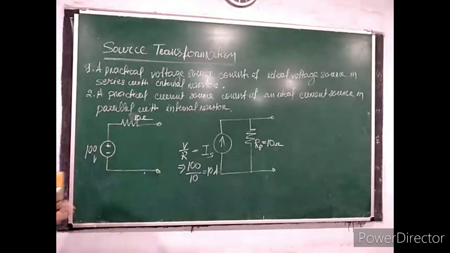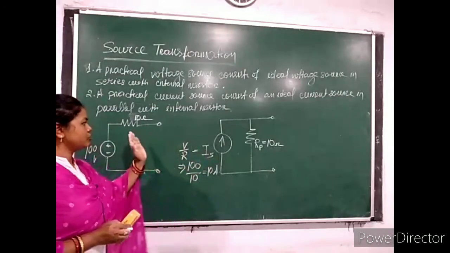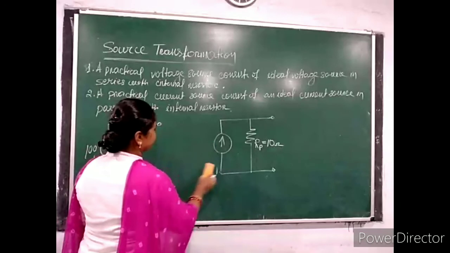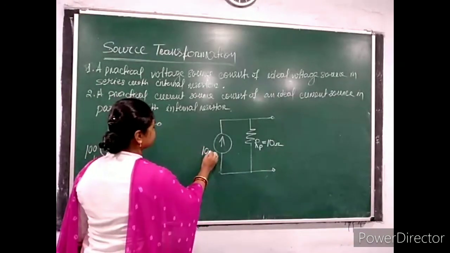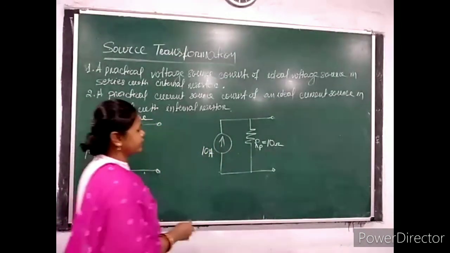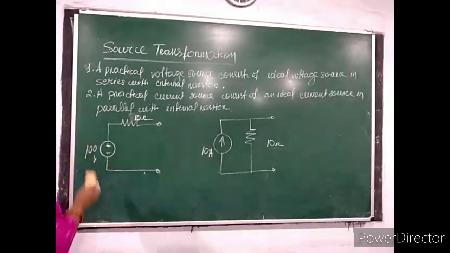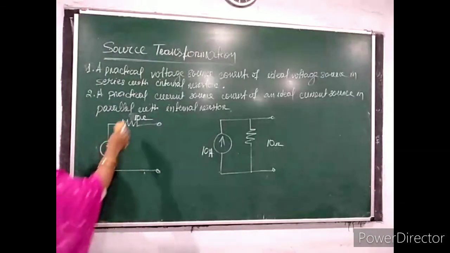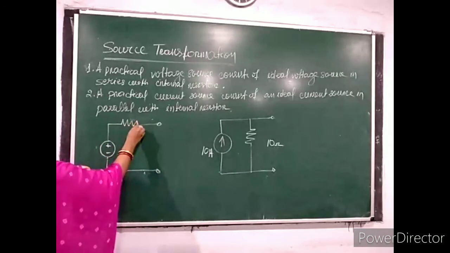Suppose the question is the reverse one, means you convert a current source into voltage source. The practical current source is given having the amplitude of 10 ampere and resistance is 10 ohm, and the question is to convert this current source into voltage source. How do you convert? Here you simply apply Ohm's law.